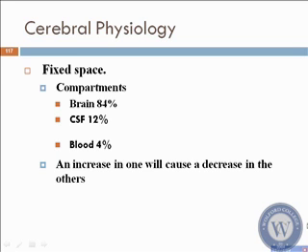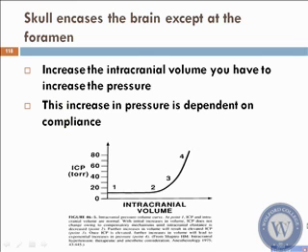If you increase one, the other one is going to either have to be displaced or the pressure is going to have to build up. It's one or the other. Now, the body has a certain ability called compliance. It has the ability to allow some expansion to take place without any deleterious effects of increasing pressure inside the skull. And that's called the compliance curve.